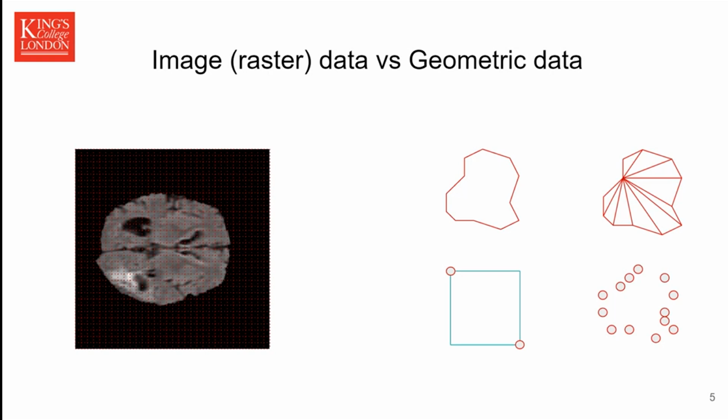I'm going to probably use the terms image, volume, and raster interchangeably. My apologies for that, but they all essentially mean the same thing for the purposes of this talk. So raster data is essentially a dense format of data where you have a sequence of values, each of which represents a particular point or region in a space.